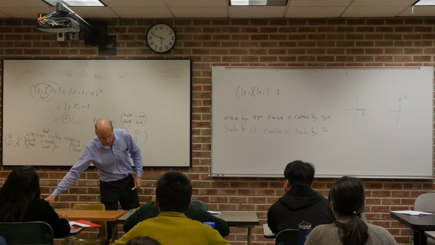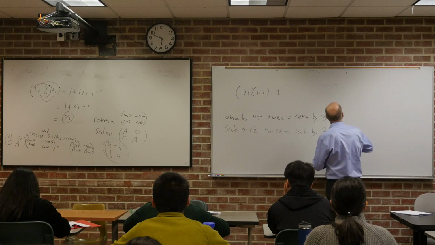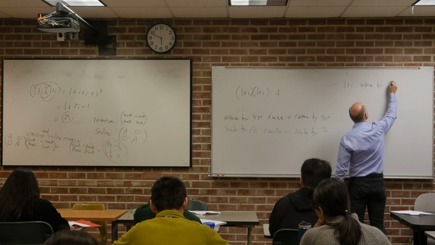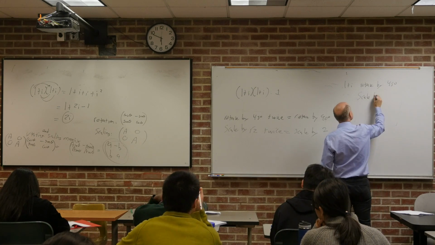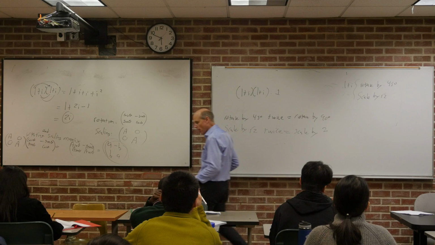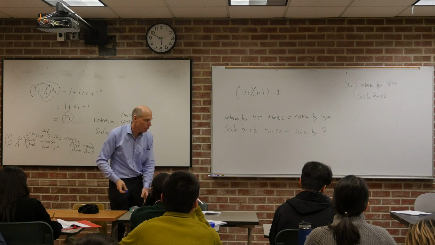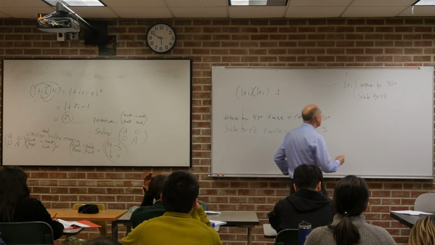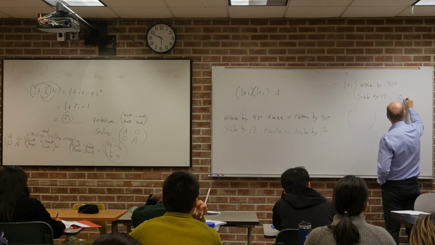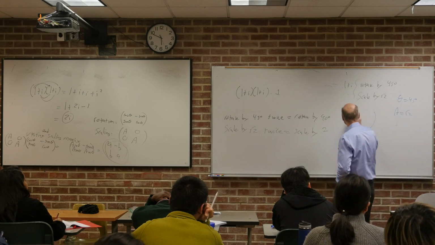So let's look at this 1 plus i. Multiplying by 1 plus i rotates by 45 degrees and scales by the square root of 2. We can actually do this as a matrix. The angle is 45 degrees, and A is the square root of 2.